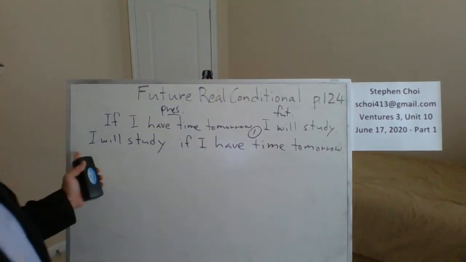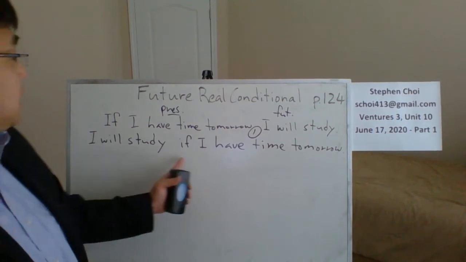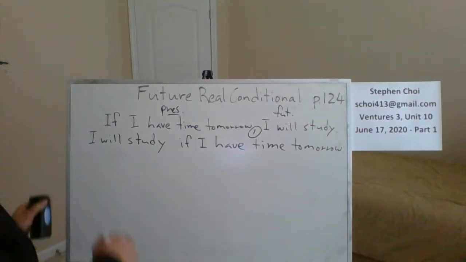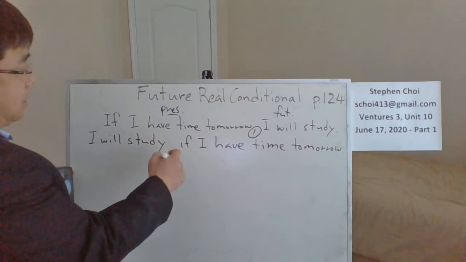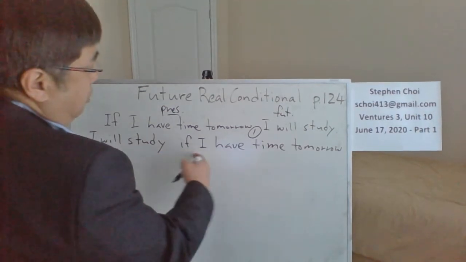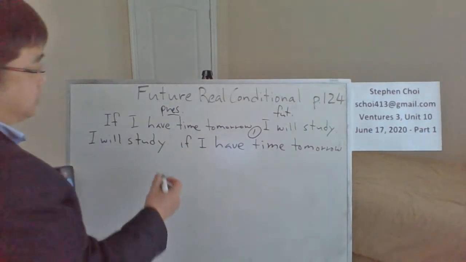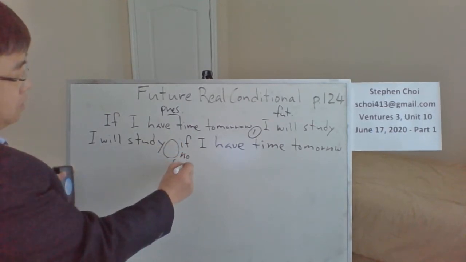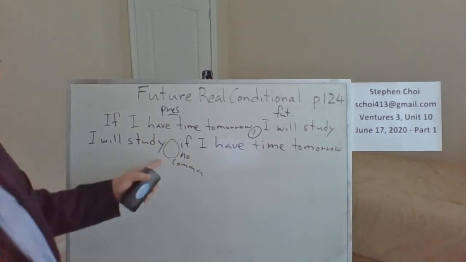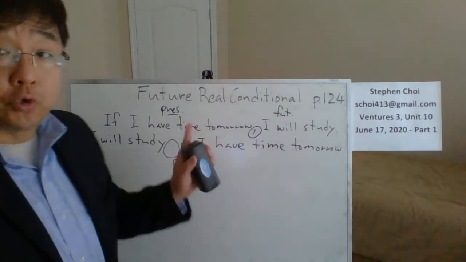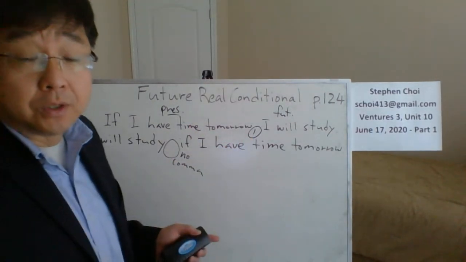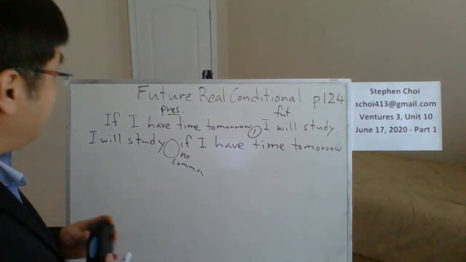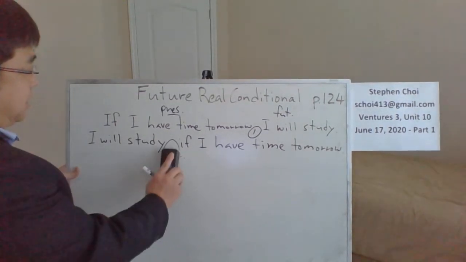And when you begin with the main clause, followed by the conditional clause, then you do not put a comma. No comma. That's the only difference when you switch the order. I mentioned this many times, so you should already know this.